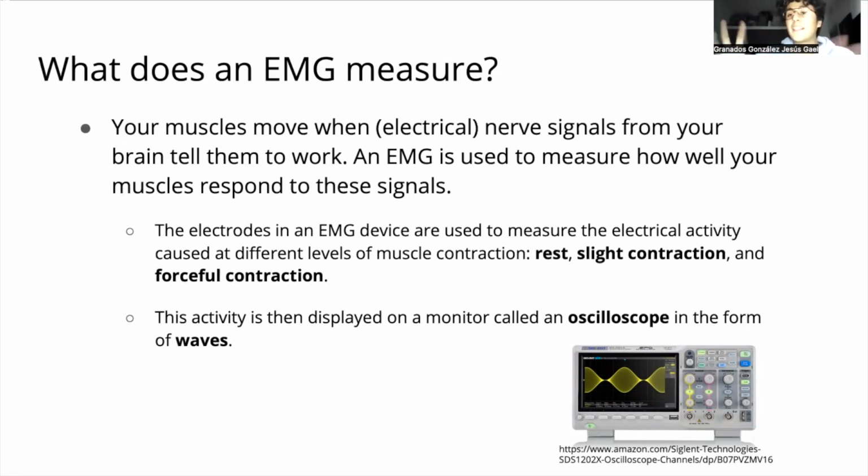There are three states in which these are measured: at rest, with a slight contraction, or a forceful contraction. That's pretty much what the electromyograph measures. Keep in mind that it's the electricity produced by the muscle groups.